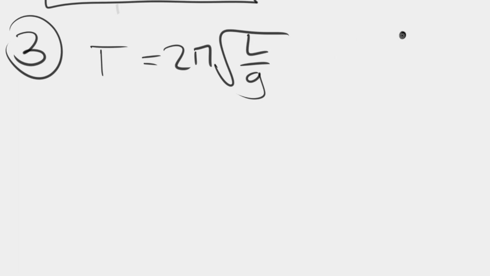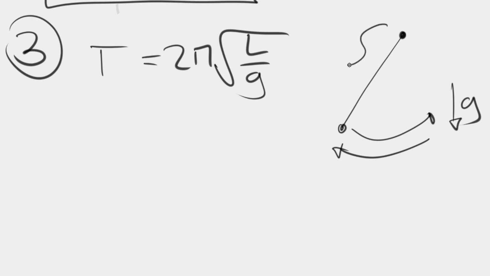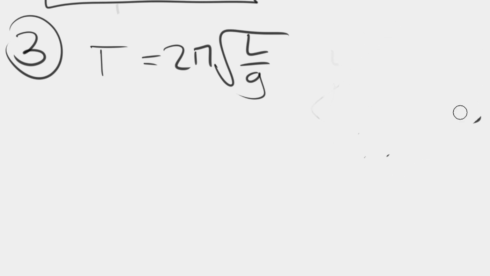So we have a little pendulum going back and forth due to the force of gravity, and this has a length L. How would we find the uncertainty of this thing? Well, that's for you to figure out in the next few seconds. So pause the video and work on it, and I'll be back in a couple seconds.